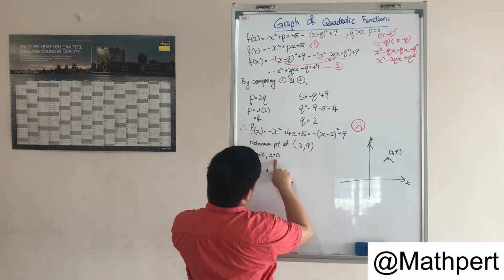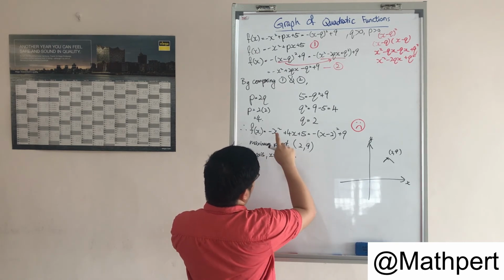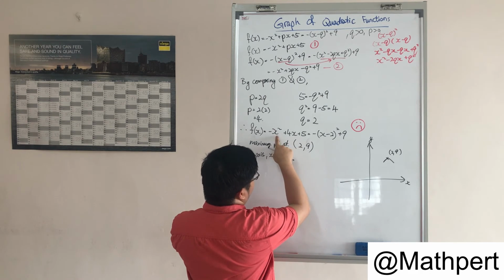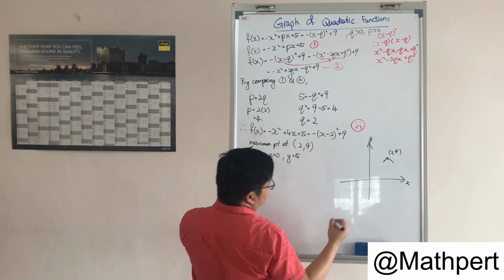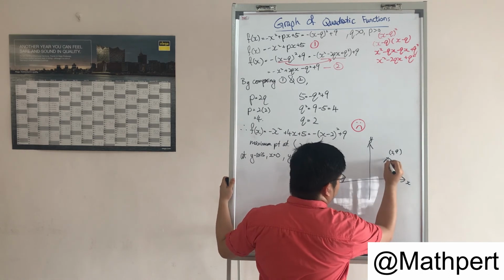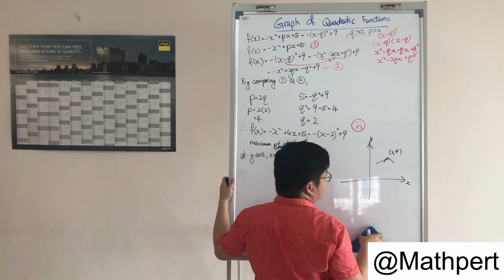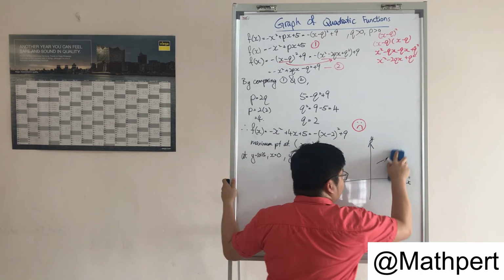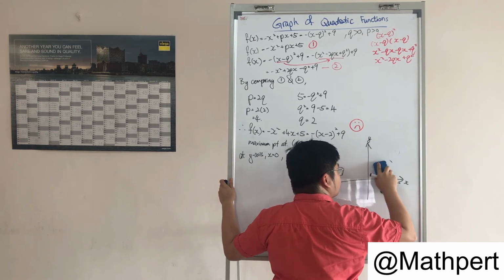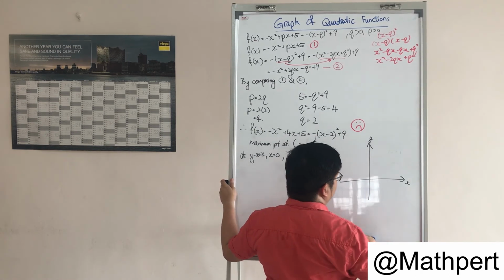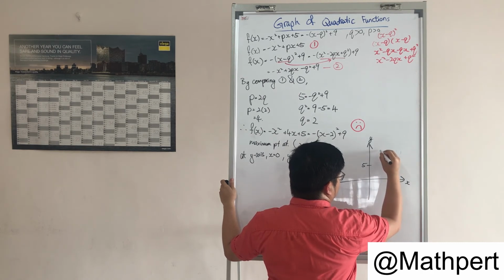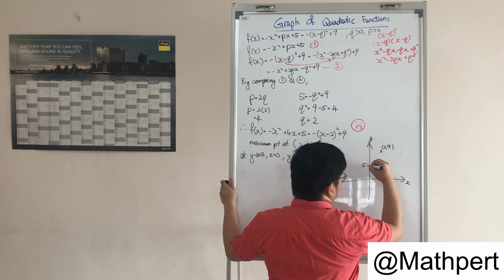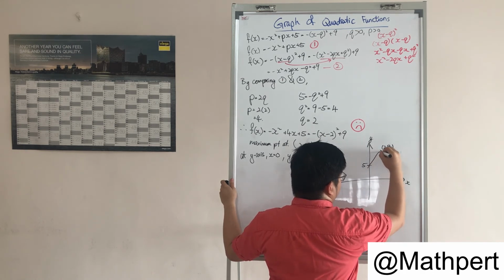So when x equals 0, we substitute 0 into this function, then y equals 5. So meaning this one a bit wrong. So this is 5. This is 2, 9. So it intersects at 5.